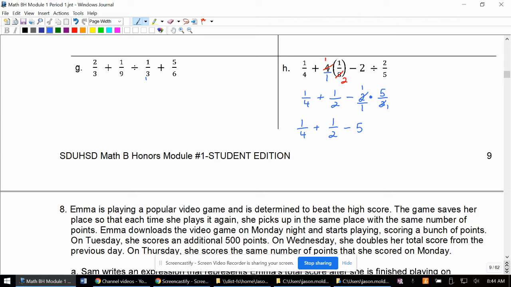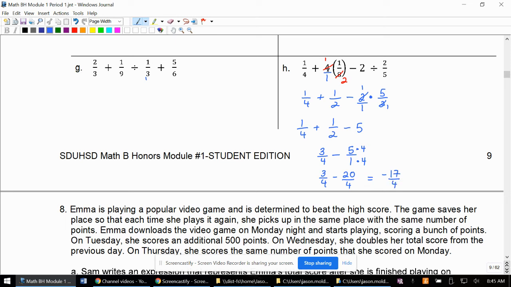All right, and now we are going to add, subtract from left to right, unless you're doing the sign change. So a quarter plus a half is 3/4. We can also get a common denominator there, but that was kind of easy to do, minus 5 over 1. I'm going to get a common denominator here, 3/4 minus 20 over 4 gives me a grand total of negative 17 over 4.